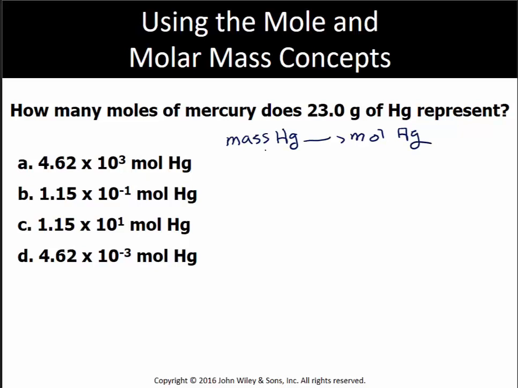Since we're converting between mass and mole, I have to use the molar mass of mercury. Looking at the periodic table, I know that each mole of mercury is 200.59 grams of mercury.